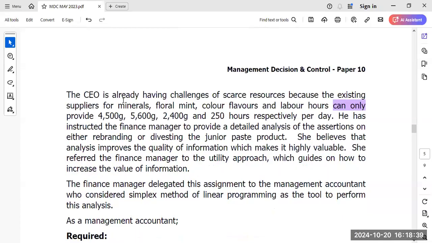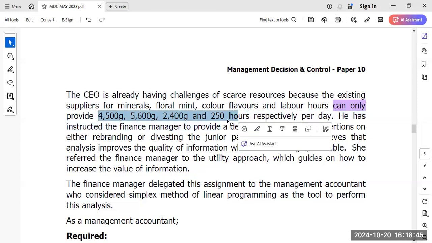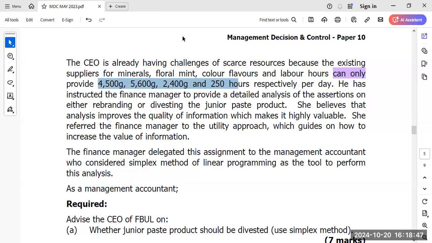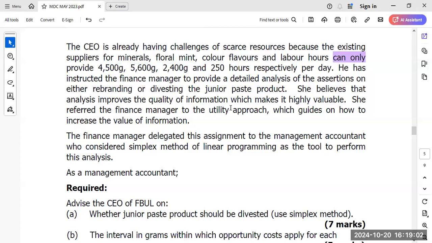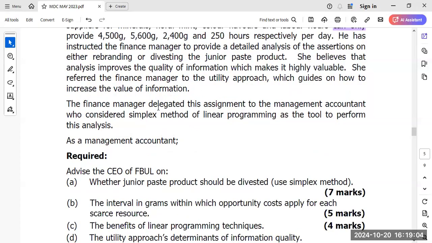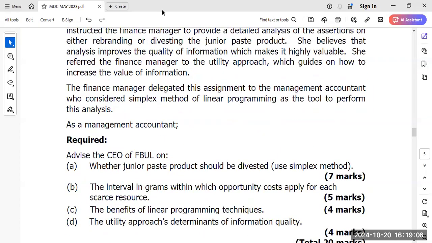As you put inequality, make sure that the value after inequality is corresponding to these values. And which inequality are you using here, colleagues? If suppliers can only provide this, greater or less? Less than or equal to. Okay, yes. So that's what we have.